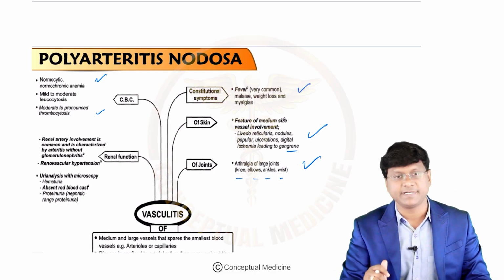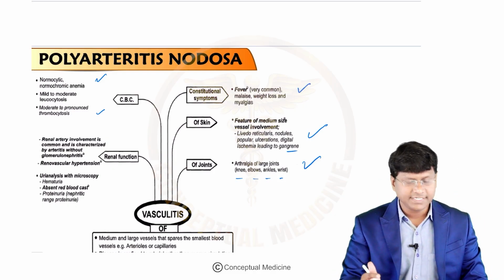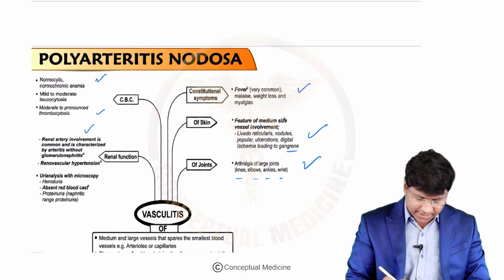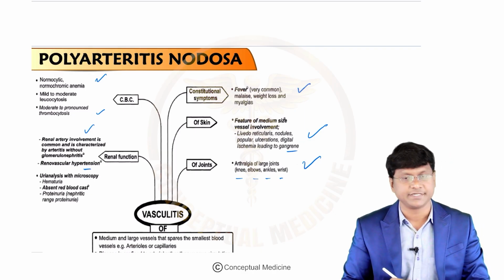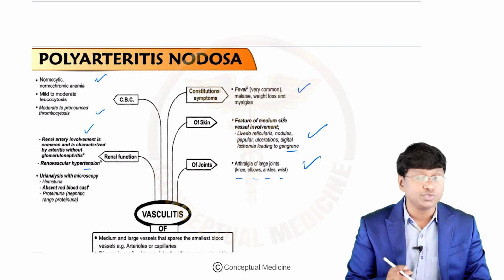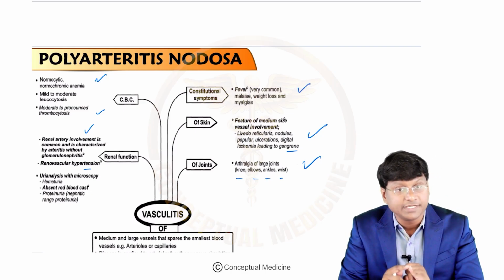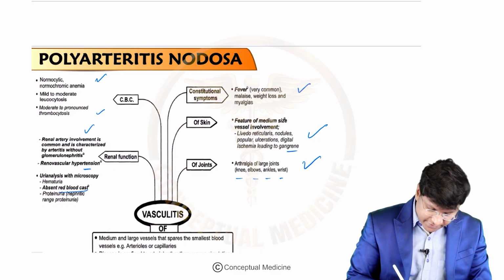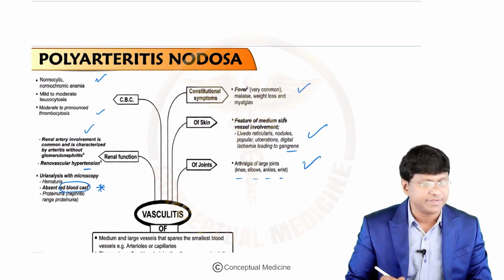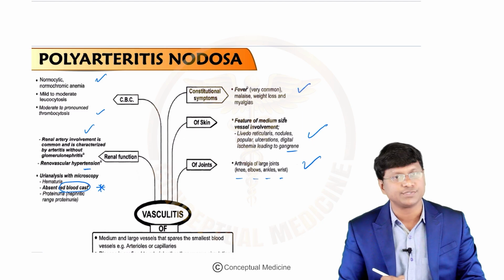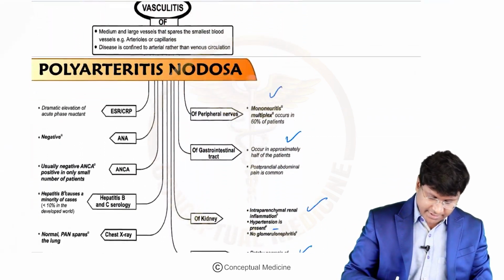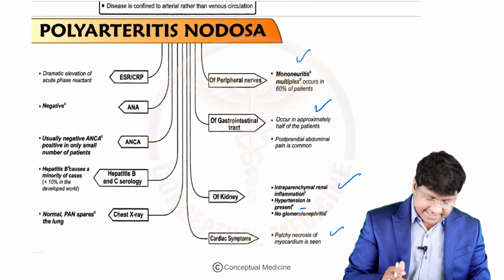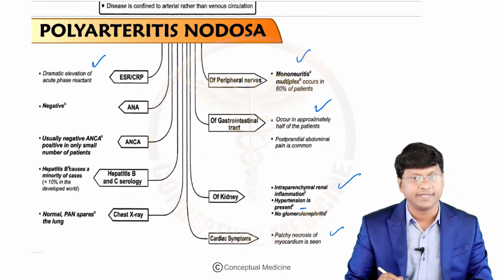There is an increase in the platelet count. Renal artery involvement is common, due to which there is renovascular hypertension. Urine analysis will show the presence of proteinuria. There can be hematuria, but there is absence of RBC casts, which is very, very important in patients with polyarteritis nodosa. The acute phase reactants, that is ESR and CRP, are elevated.